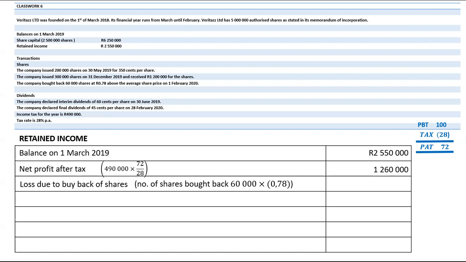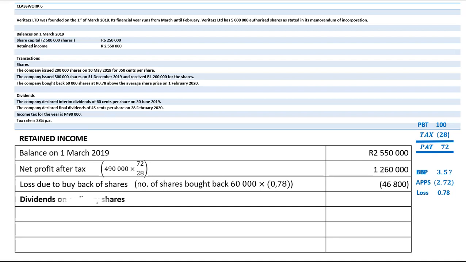That will be your buyback price. Now, if you wanted to calculate your buyback price here, you would have just used this and then use the reverse method to calculate your buyback price, which was going to be R3.50. But we don't need the buyback price here. We just need the loss, and the loss will be 60,000 times 0.78, which will give you 46,800. Please note that the loss due to buyback, you always put it in brackets.